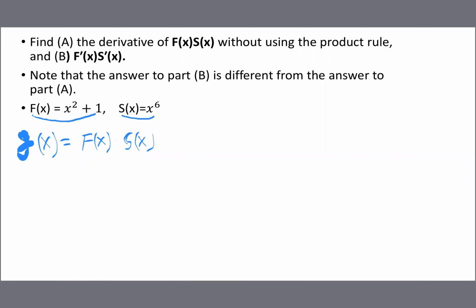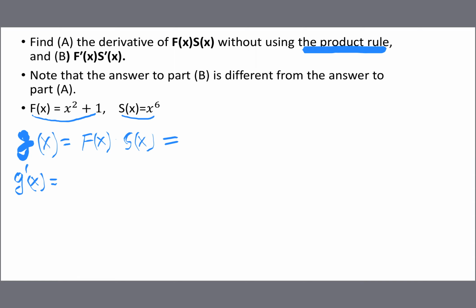So we're looking to find g prime of x. So before we do that, in A, we're asked to find the derivative without using the product rule.